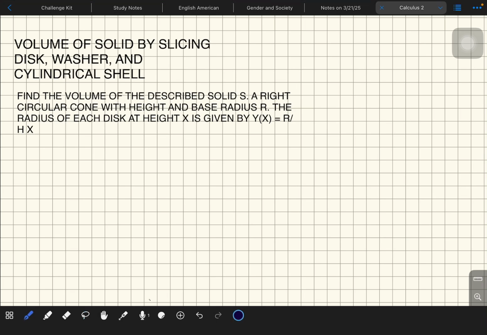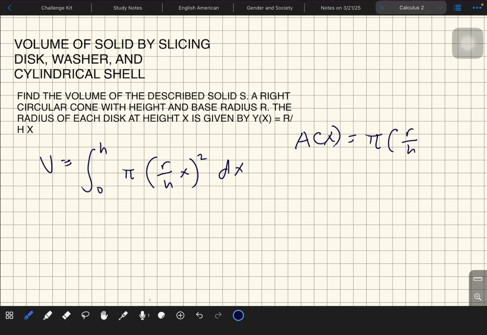The formula of the disc method is: volume is equal to the integral over the height of pi times r over h x, squared, dx, where A of x is equal to pi times r over h x, squared.